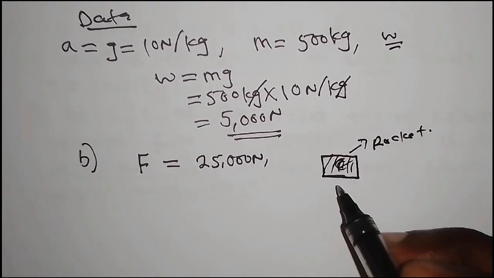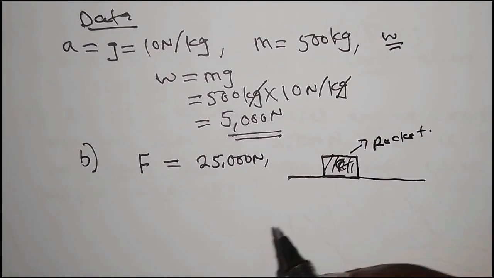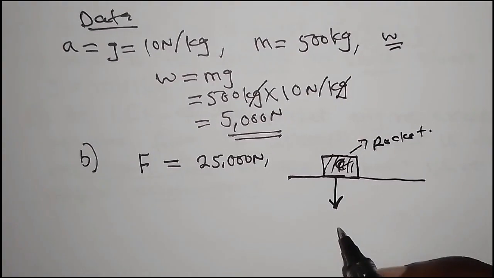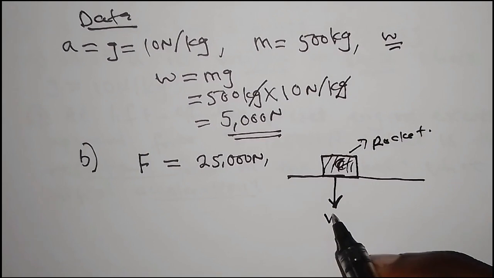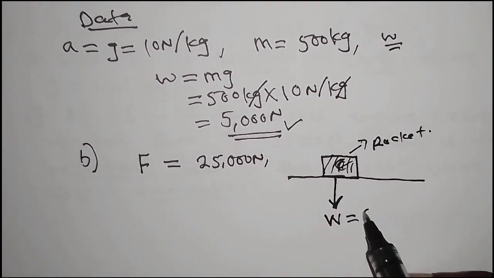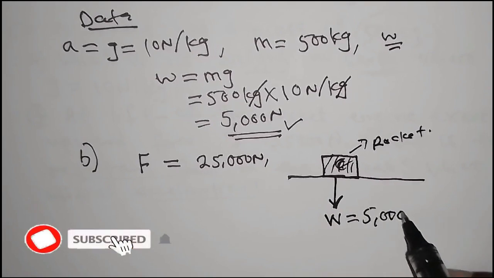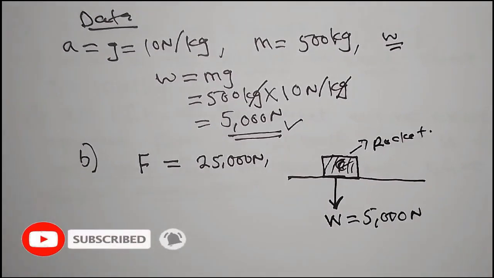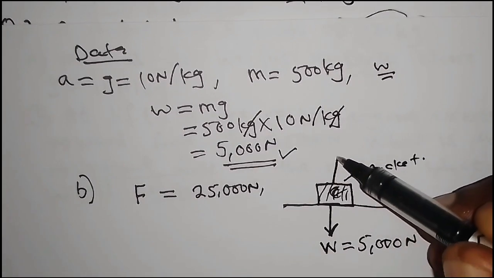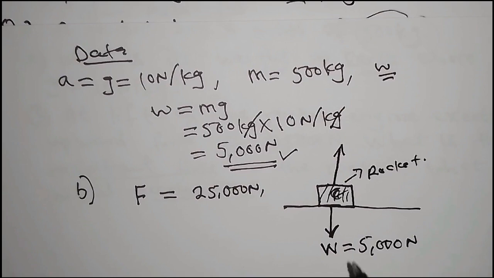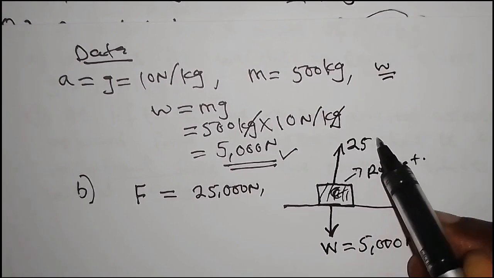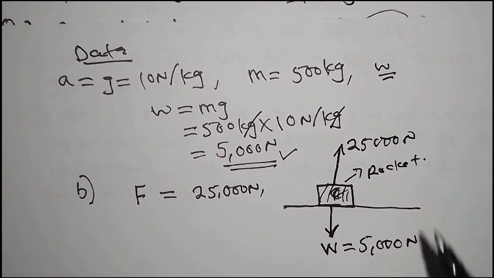If the rocket is sitting on the ground, it is exerting a downward force, which is the weight, and this is what we have just found, which is 5,000. Now when the rocket lifts off, the upward force was found to be 25,000 Newton.